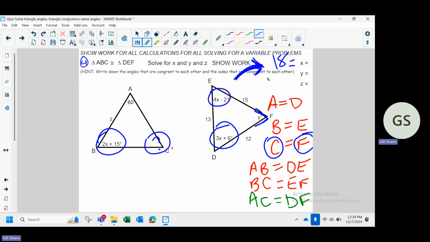Once you've solved for those angles, you can solve for either this missing angle, which will be the same as Y, or you could just solve for Y right here if you solve for this first and then this. Because then you would know two of the three interior angles and you would subtract that from 180 to get the measure of angle F, which would be what Y equals. Or like I said, you could solve for C, which is what I'm going to do.